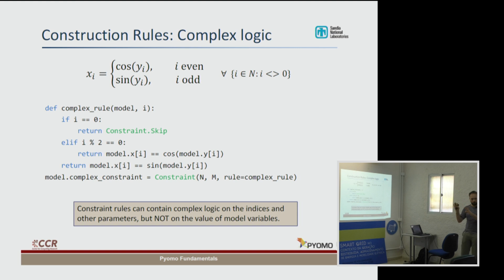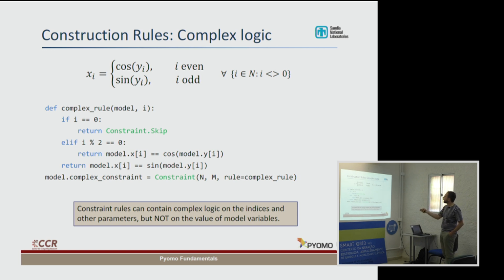This is just a small remark. It's not used for the warehouse problem, but we also can use more complex rules for the construction of constraints. This is an example where I want to write a rule with complex logic.